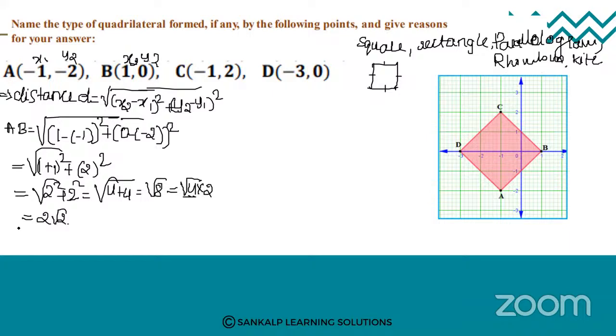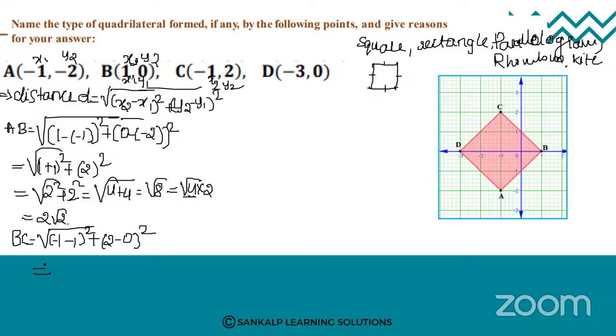Right. Now find out the value of BC. For that, this is x1, y1 and this is x2, y2. So AB is done now. Now find out the value of BC. BC is equal to square root of, x2 is minus 1 whole square plus 2 minus 0 whole square, right?